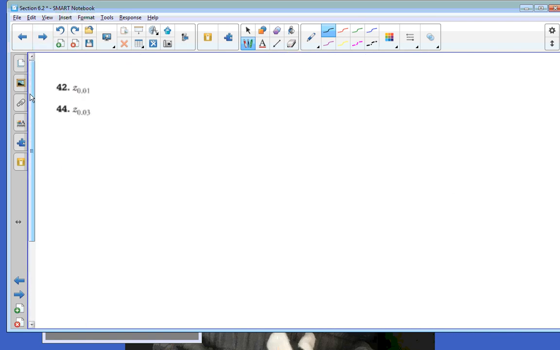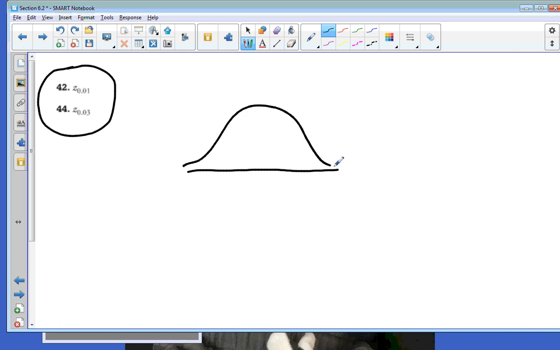So let's practice here. This time, we're going to look in the opposite direction. Remember, our notation z of 0.01 means the z-score with the area to the right of 0.01. Well, if we have an area down here of 0.01, it's got to be very close to the end, doesn't it?